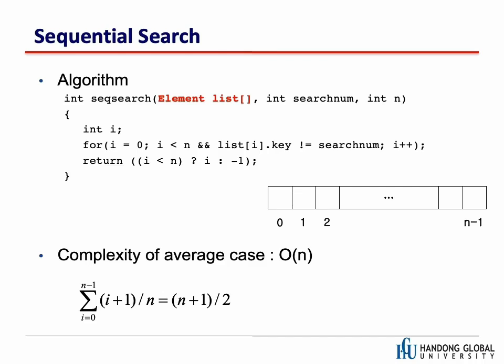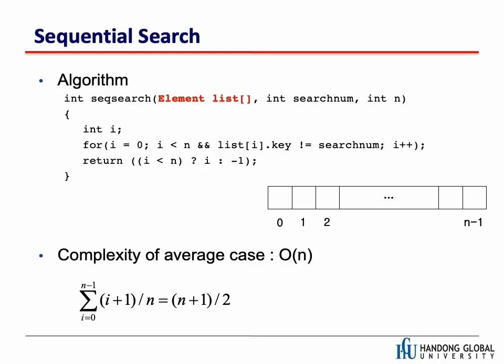With this simple search function, let's talk about the computational cost. The complexity of the average case is O(n) in big O notation. Basically, if we are lucky, then just one iteration is enough.